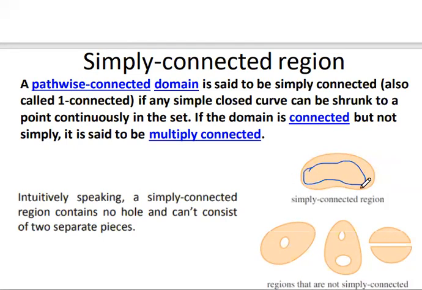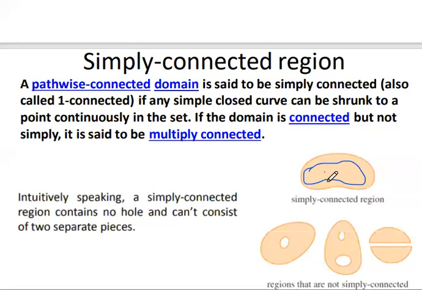This can be shrunk to a point continuously in this region.